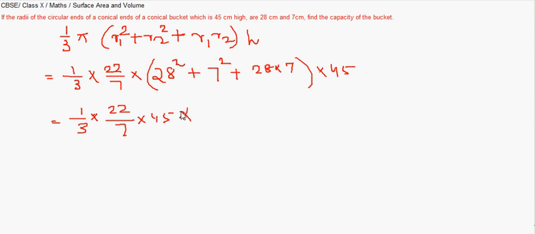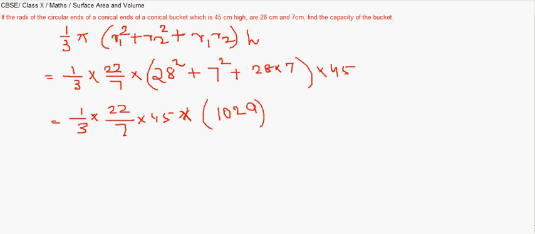So here I can write it as, now what is 28 into 28? I need to calculate it. 28 into 28, 784. 784 plus 49, and then 28 into 7 is 196.